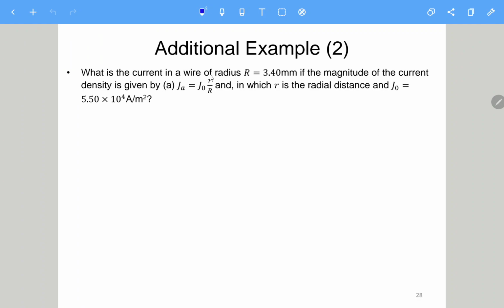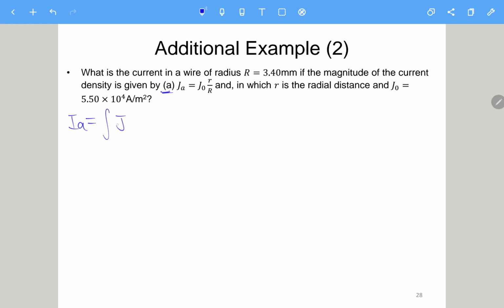So what is the current in the wire of radius R if the magnitude of current density is given by this one, in which r is the radial distance and J0 is this value? Okay, so here we try to have an example to get familiar with the integration. So I_A, so this is for question A, so I put the subscript A here.